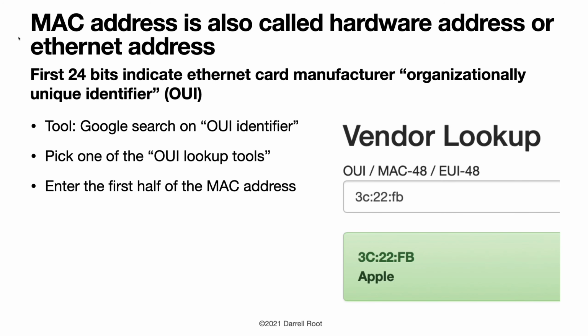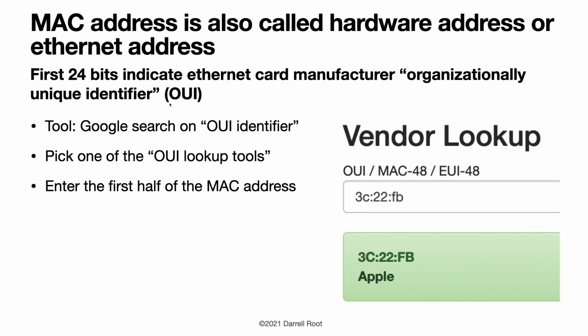I've said this before, I'll say it again. The MAC address is also called the hardware address or the Ethernet address, and those terms are used interchangeably. It's 48 bits. The first 24 bits indicate the Ethernet card manufacturer's organizationally unique identifier.